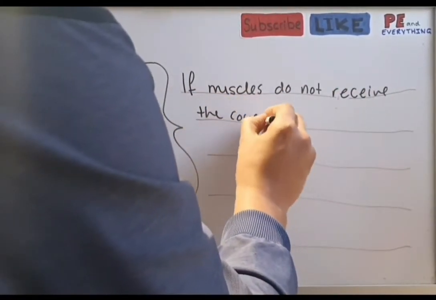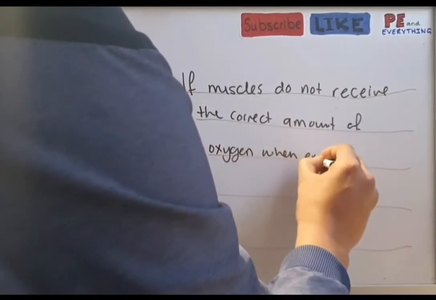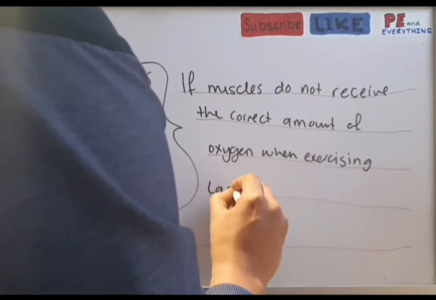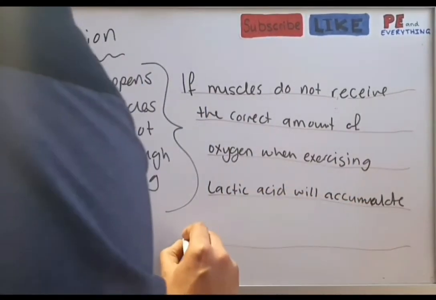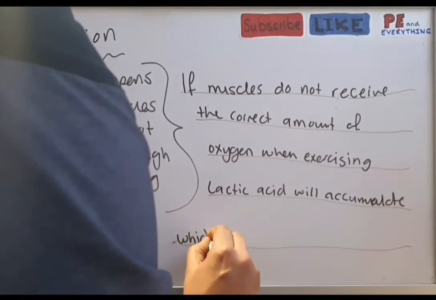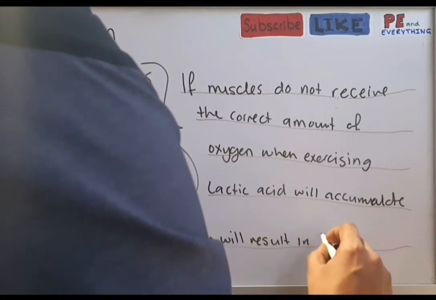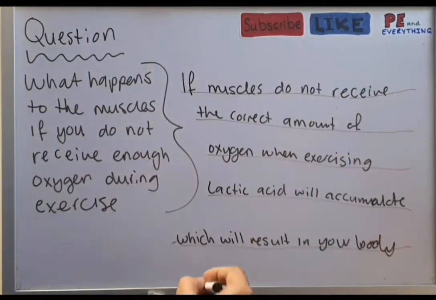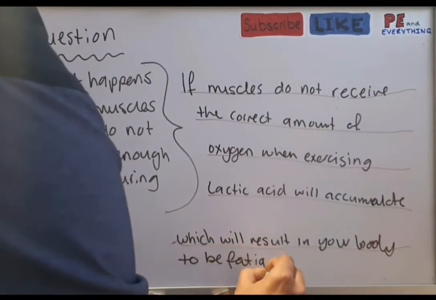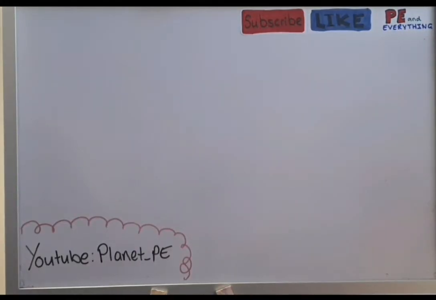If your muscles do not receive the correct amount of oxygen, first point, when exercising, lactic acid will accumulate. And we know that. Anaerobic state, and eventually your fatigue, which is a result of lactic acid will accumulate, which will result in your body being fatigued.